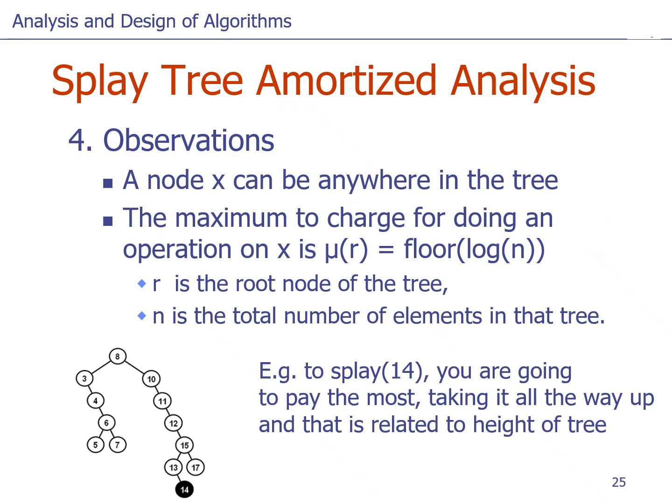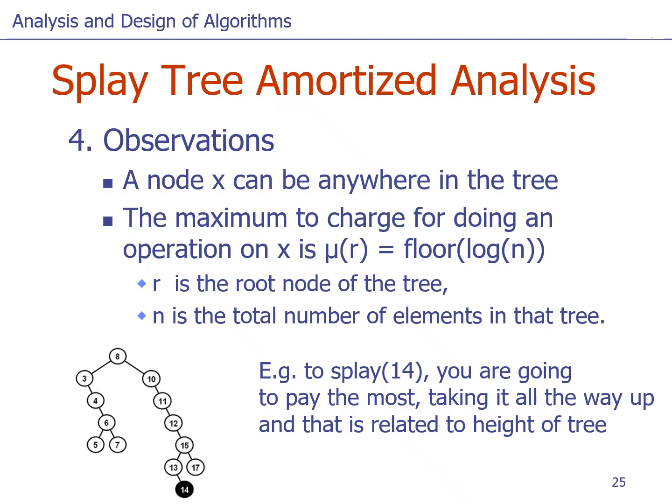Now, another observation, which we discussed earlier with the slide where the 14 was in different locations, is that the node I'm splaying could be anywhere in the tree. However, I can compute the maximum to charge for any operation based on the height of the tree.